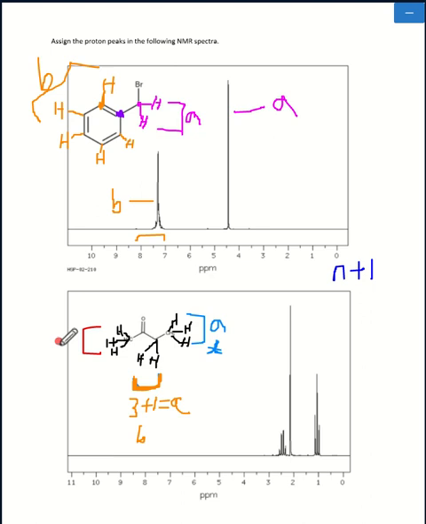Therefore, 0 plus 1 would be 1. The signal for these 3 hydrogen will come up as a singlet. I'm just going to label that as C.